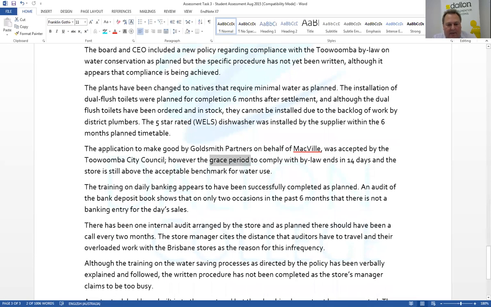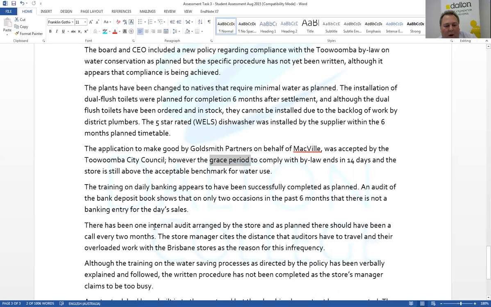The training on daily banking appears to have been successfully completed as planned. An audit of the bank deposit book shows that on only 2 occasions in the past 6 months, there is not a banking entry for the day's sales. So that's reflected back in the table as well.